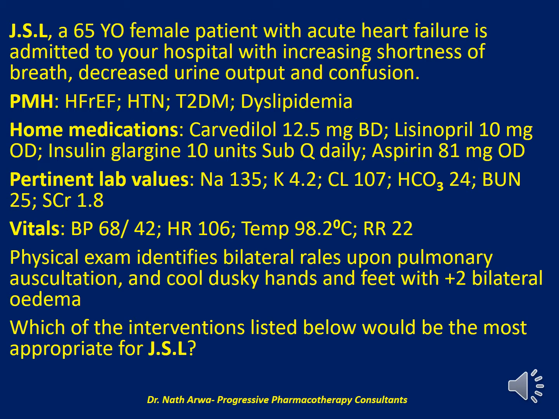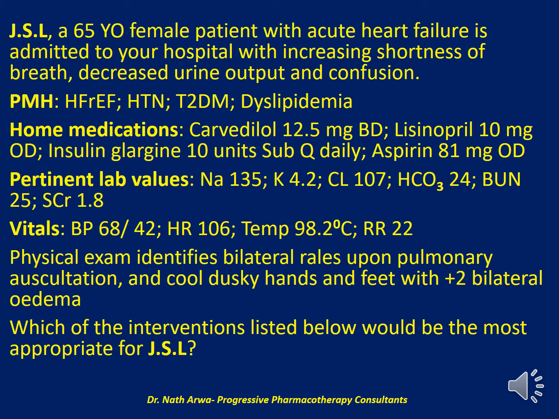Some of the pertinent labs include sodium levels of 135, potassium of 4.2, chloride of 107, bicarb of 24 with a BUN of 25, and the serum creatinine is 1.8. Some of our vitals include a systolic blood pressure of 68, pretty low, and a diastolic of 42 with a heart rate of 106. The heart is revving pretty fast.